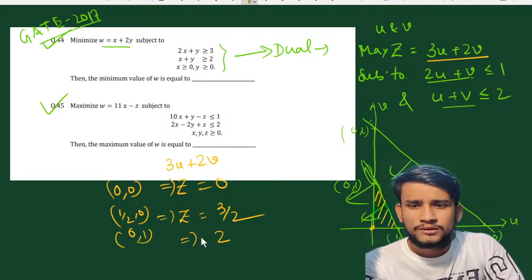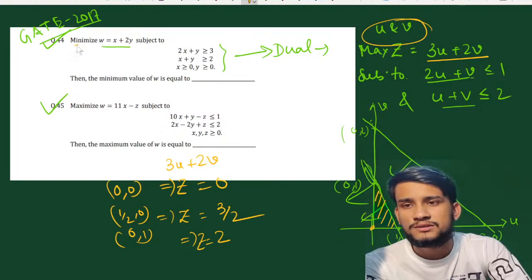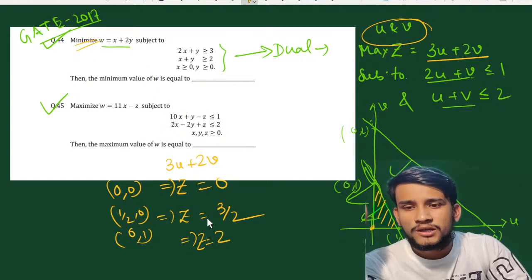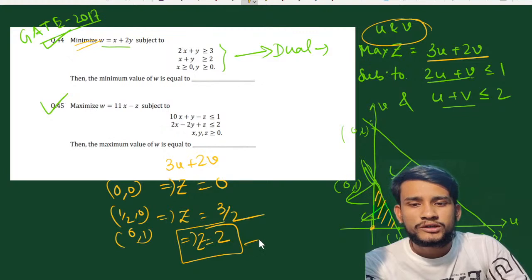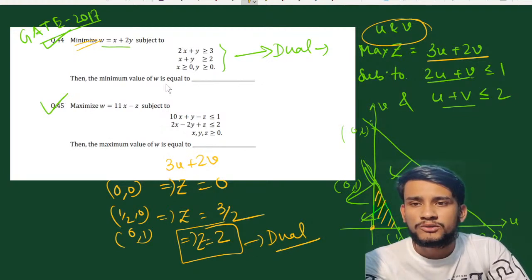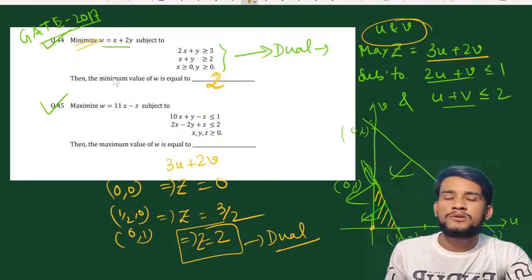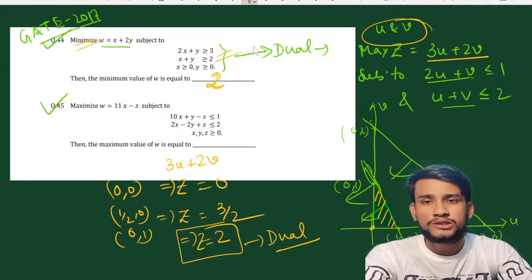So z equals 2, and we have to maximize in the case of the dual problem, since the primal is a minimization problem. Therefore the maximum value of z is 2 for the dual of the given primal problem. Therefore the objective value of the minimization problem, that is the primal problem, is also equal to 2. Therefore 2 is the correct answer of the problem. So this is, I think, easy if you convert the problem to its dual.